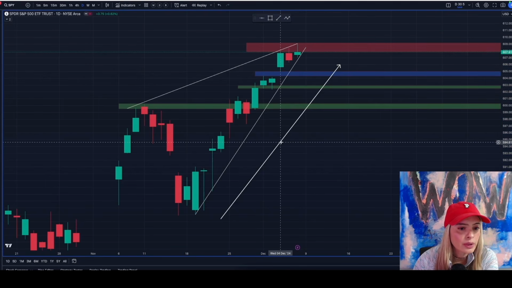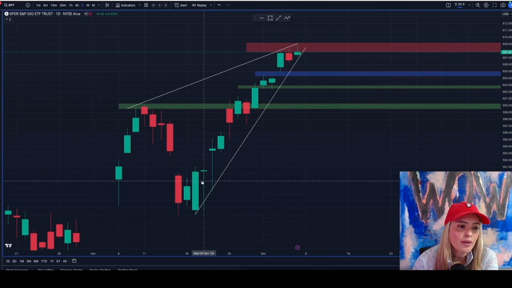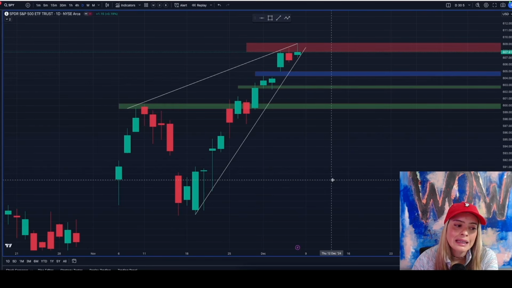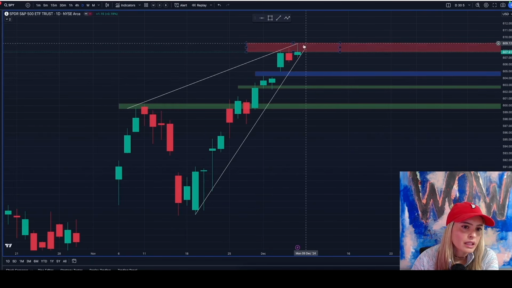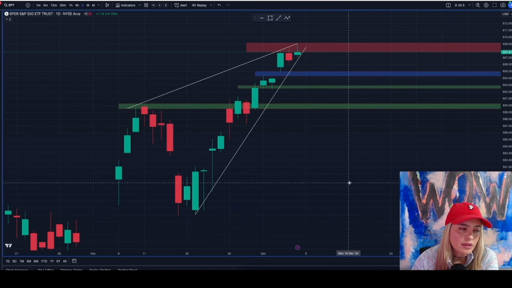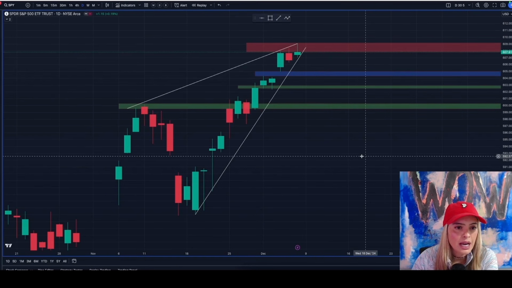A rising wedge is a bearish pattern that we have when the market is going up, up, up, until it gets a little bit higher as resistance, and it might give us a reversal here. I don't know what's gonna happen.